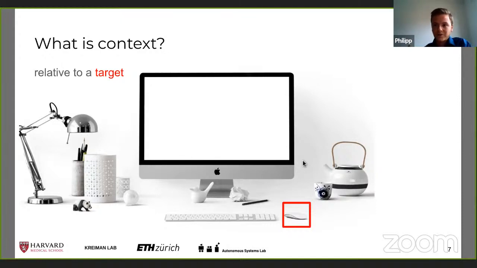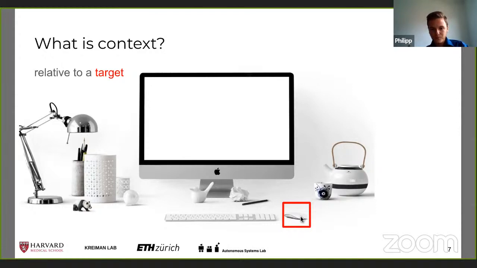So to give you some intuition here, we could say that the object that is much smaller than the screen, and that occurs together with the monitor and the keyboard, and is perhaps located right next to the keyboard and below the monitor, that object is much more likely to be a computer mouse rather than an elephant or a truck or any other object.